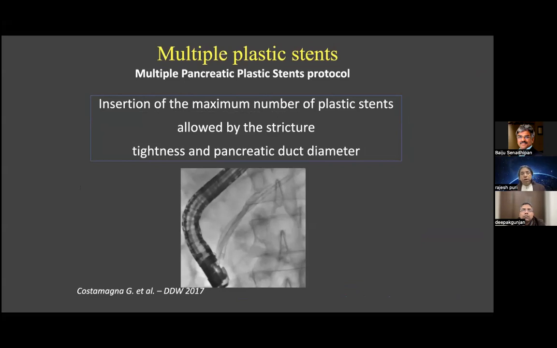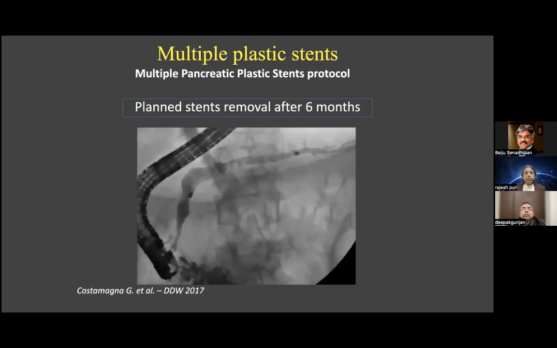The small trick is, if you have a single pigtail stent, try to place the first single pigtail stent and then use the straight stents. Otherwise, sometimes it happens that the stricture is tight, and while introducing the second stent, the first stent which you have placed may migrate in. Or you leave the first stent a little bit outside, because when you place the next one, the previous stent may also go inside along with it.